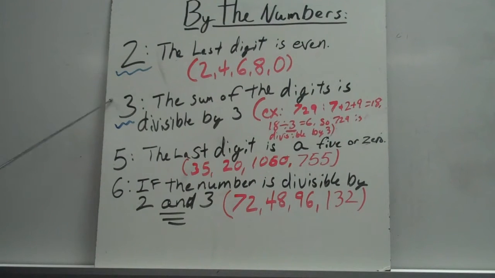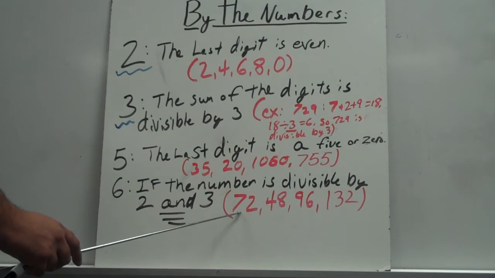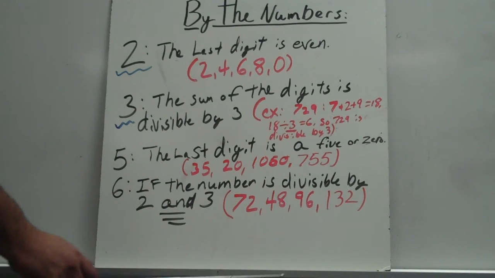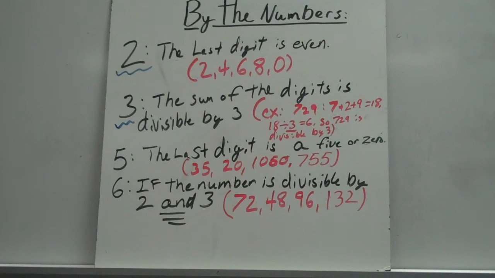So both 2 and 3 have to work for 6 to work. So examples are 72, 48, 96, 132. All those numbers are divisible by 3 and 2. So therefore they are divisible by 6.